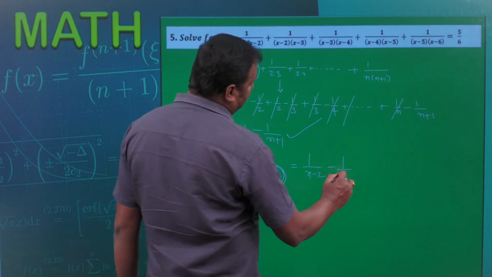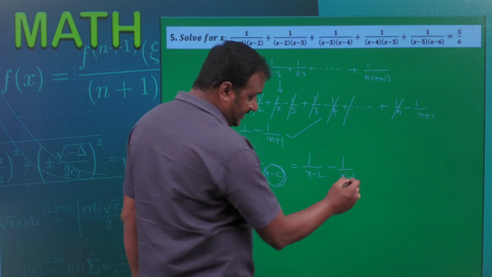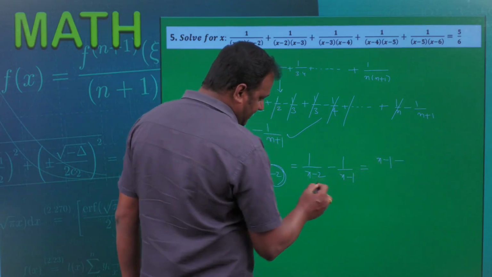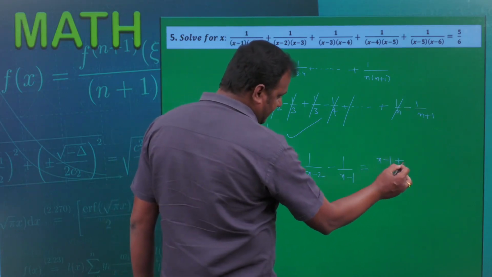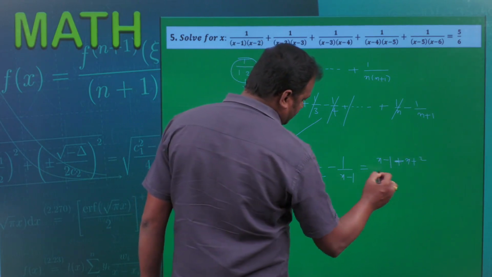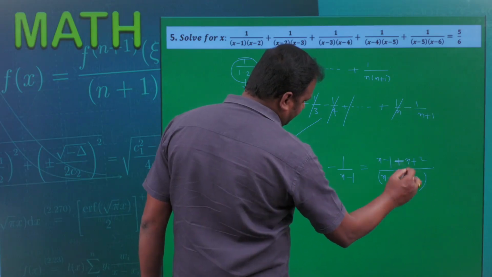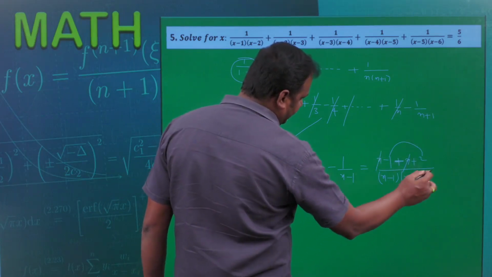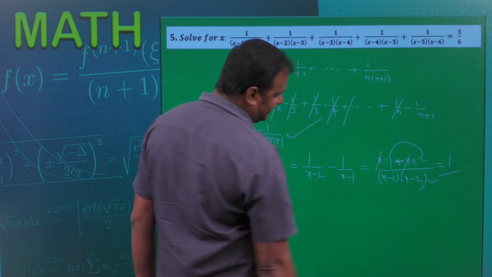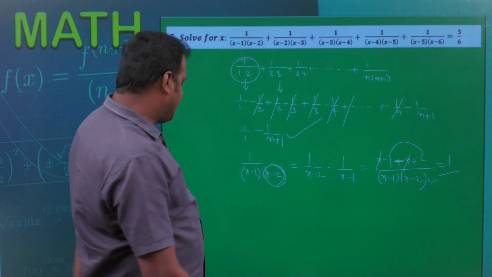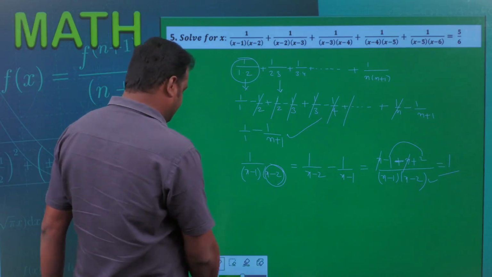Then 1 by x minus 2 minus 1 by x minus 1 will become x minus 1 into 1 is x minus 1. Minus of x minus 2 is minus x plus 2, divided by x minus 1 into x minus 2. Then minus x plus x cancel. 2 minus 1 is equal to 1 divided by the same number. You understand? So we can apply the same strategy in order to write the other terms.